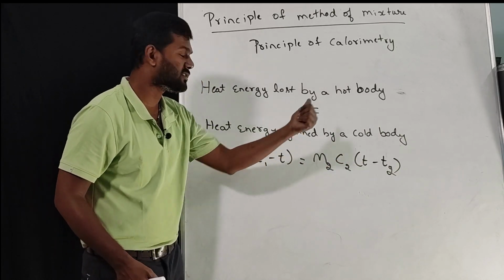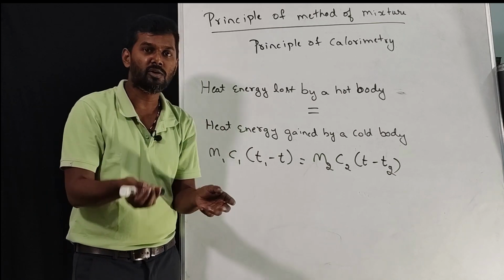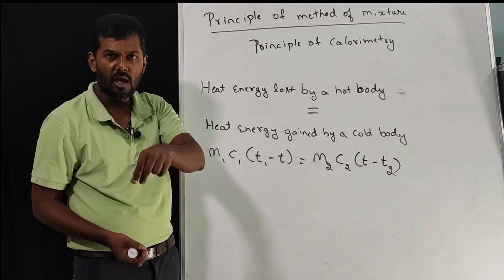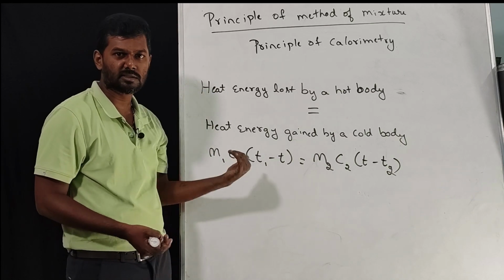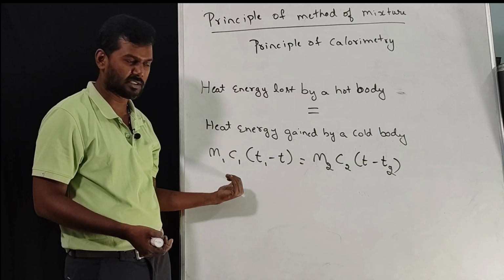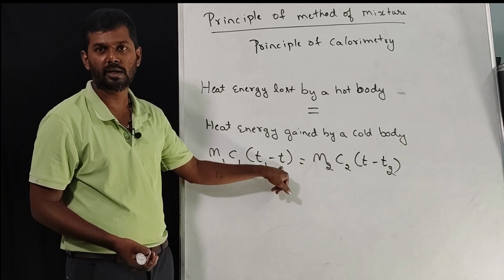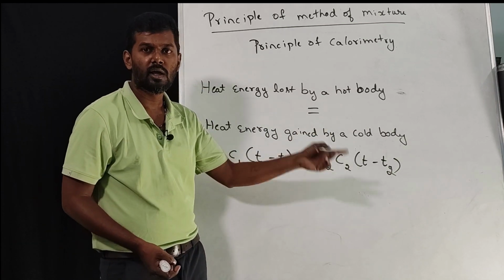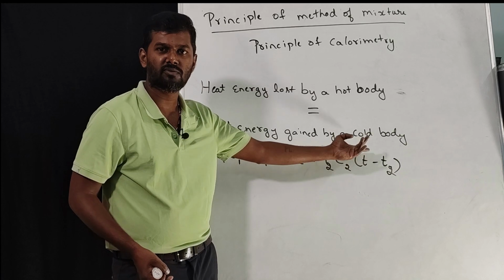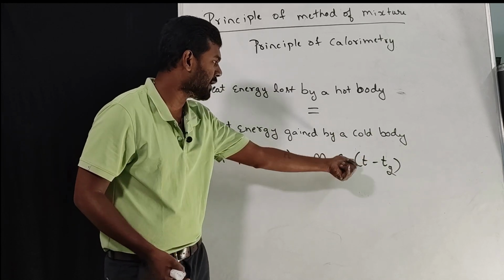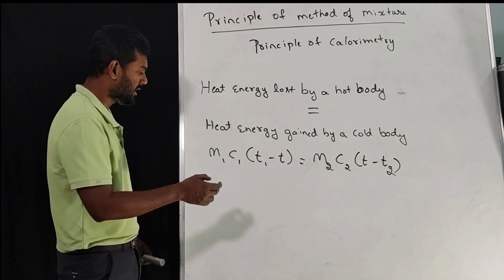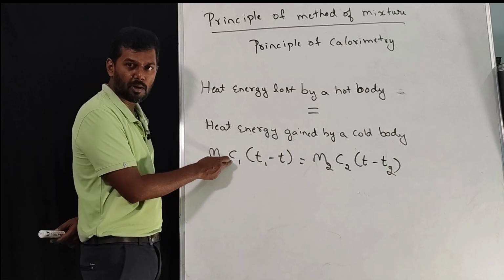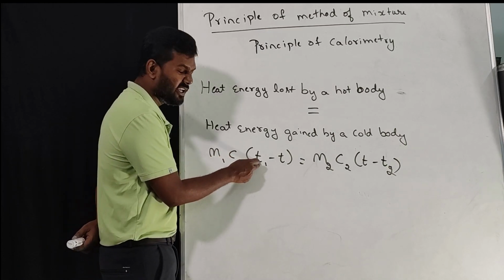T represents the final temperature. When you mix the copper in the water, the temperature of the copper decreases and the temperature of the water rises. So T represents the final temperature here. M1 is the mass of the hot object, c1 its specific heat capacity, t1 its initial temperature.